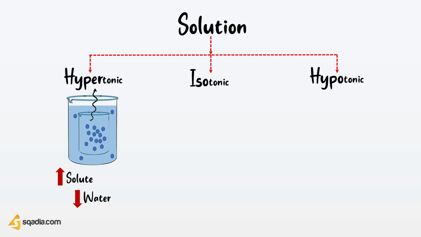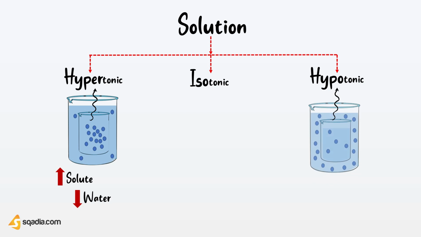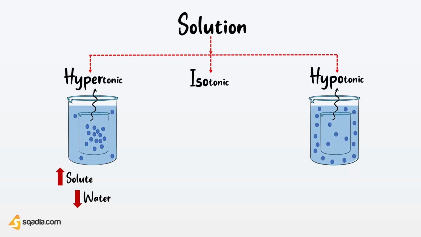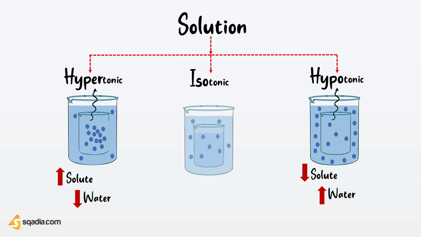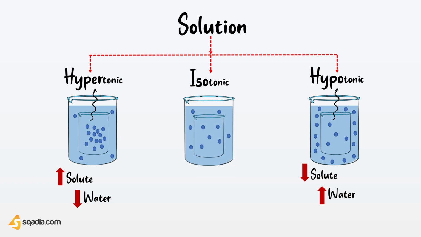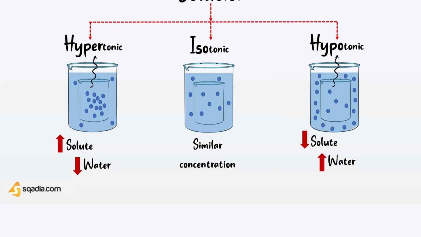Contrary to that, if a solution has more water content, but less solute content than the surrounding, then it is said to be hypotonic, as compared to surrounding environment. Now the third term is isotonic, and two solutions that have similar concentration of water, sugar, salts, electrolytes, and other constituents are said to be isotonic.